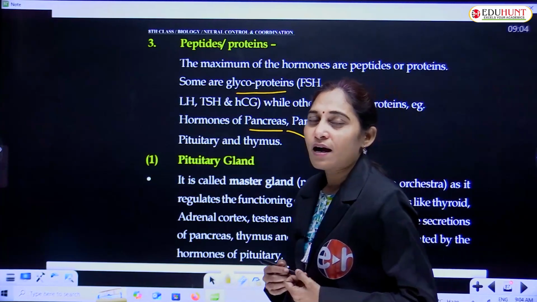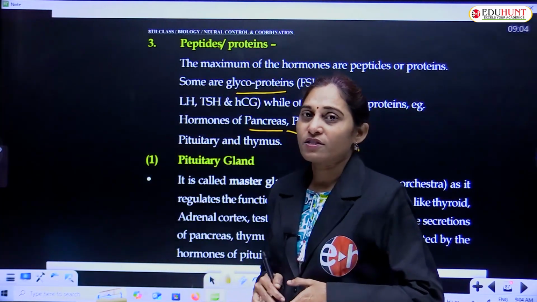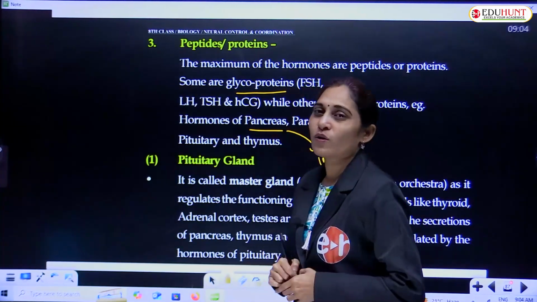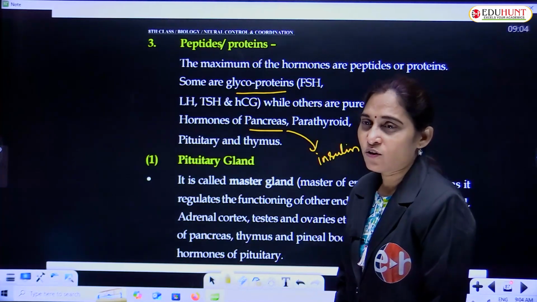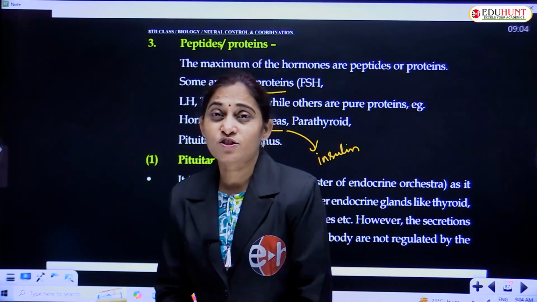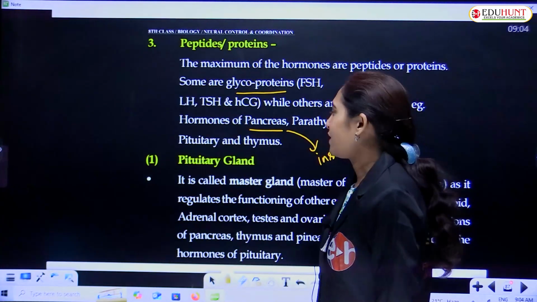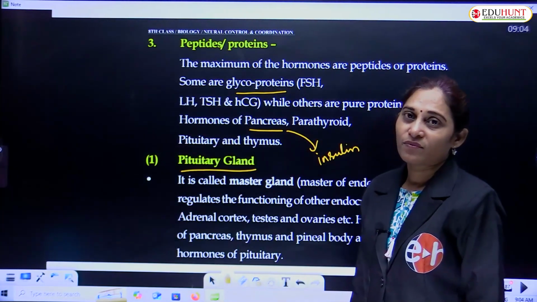And let us come to the next part of the session, that is endocrine glands. We have different endocrine glands that are localized in various parts of our body. The first endocrine gland is the pituitary gland.